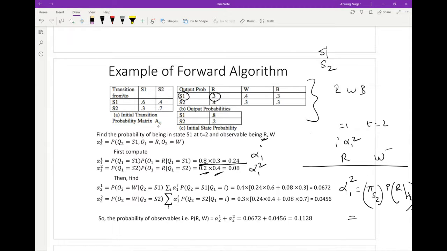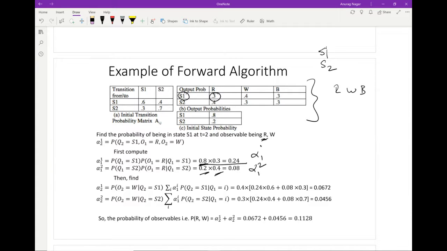So the way to do it is to fill out a table. That's the easiest way to do it, since there are two time steps, make a table like this. This is time one, and this is state one, this is state two. And I know that there is observable R, so I don't have to worry about it.